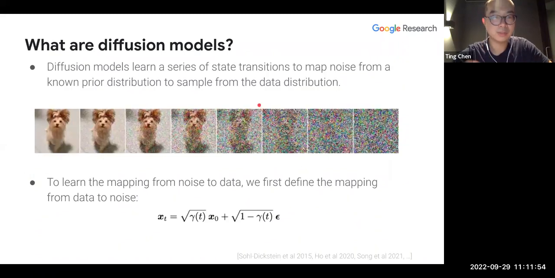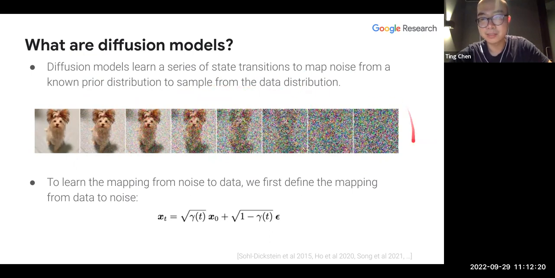Before answering that question, let's look at what diffusion models are, at least from some intermediate level of understanding. A diffusion model, in my opinion, basically learns a series of state transitions to map noise from a known distribution, like a Gaussian distribution, to samples from the data distribution.